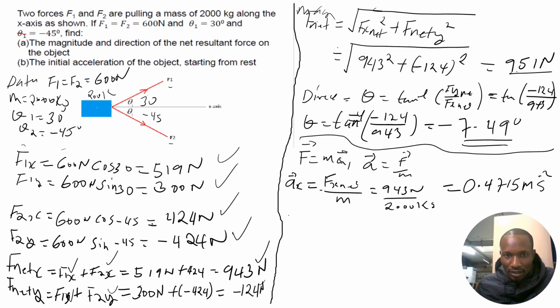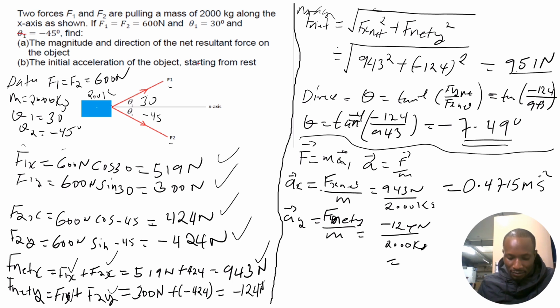And acceleration in the y component then is going to be net force in the y component over mass, and in the y component we found minus 124 Newton over 2000 kilogram, and that's gonna give us minus 124 divided by 2000, which is minus 0.062 meters per second squared.